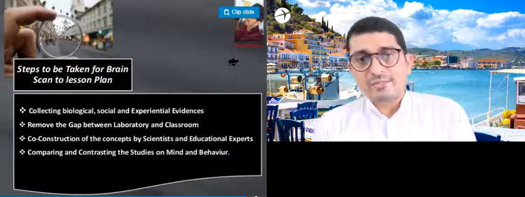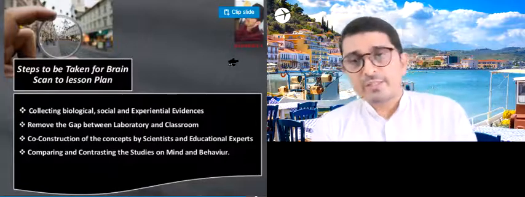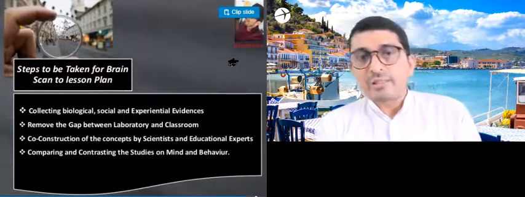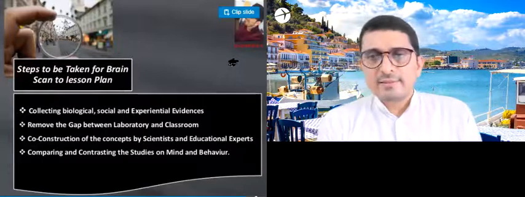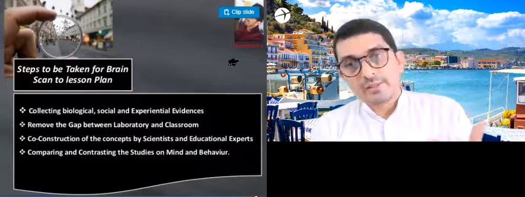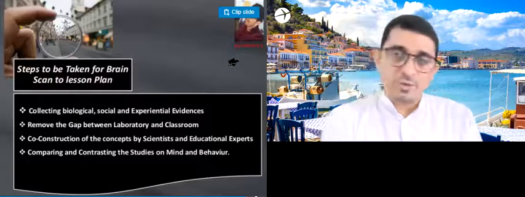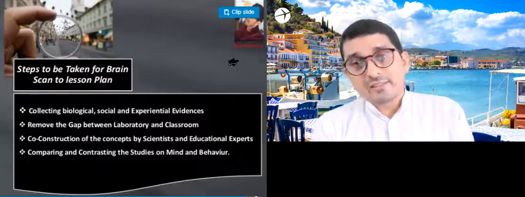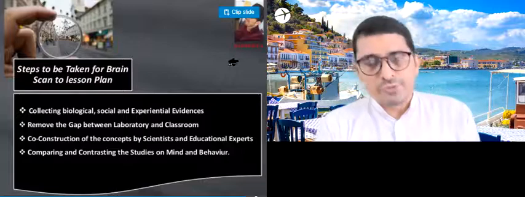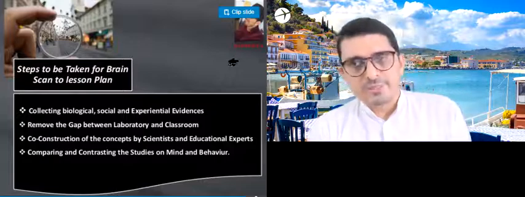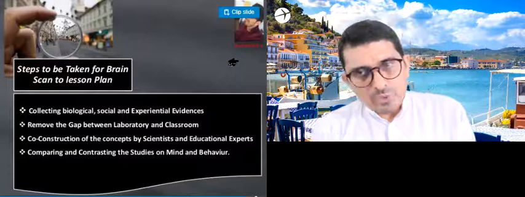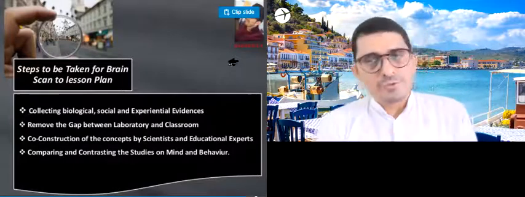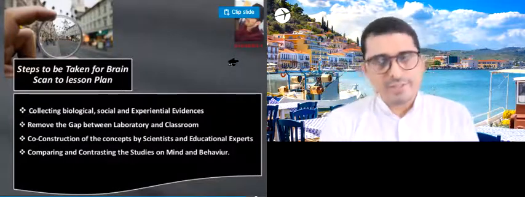So see, I have told collecting biological, social, and experiential evidences. You can collect the brains of some people who have got better intelligence, and you can look at the features of the brains of such experts. Then you can look at the brains of some people who have got very poor intelligence.